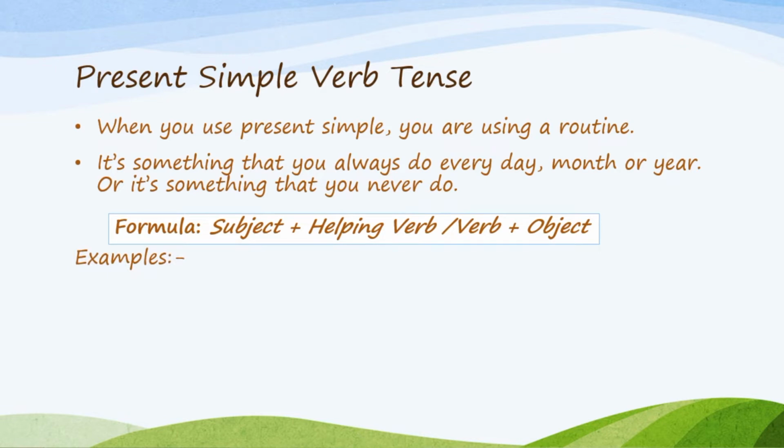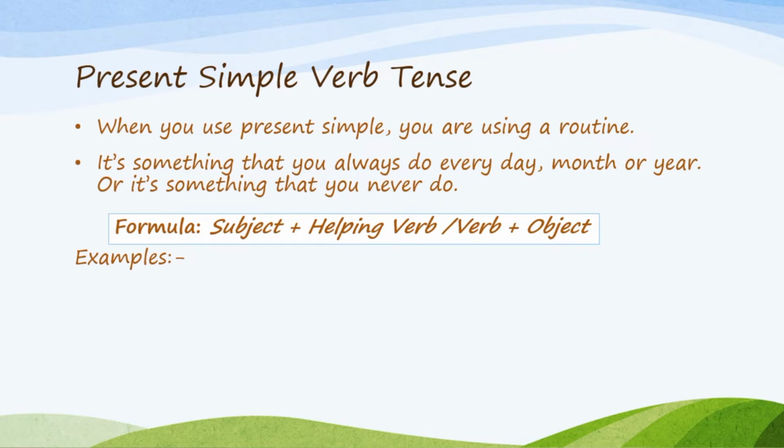Now we have some examples here. In present tense, first of all, let's recall the helping verbs which are used in present simple or always in present tense. We say that is, am, are are the helping verbs which we are using in present tense.